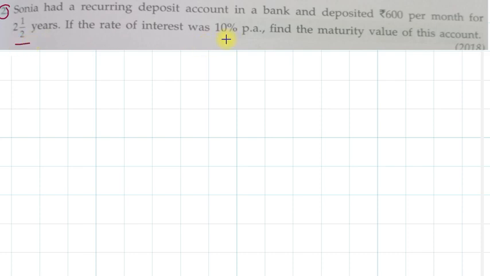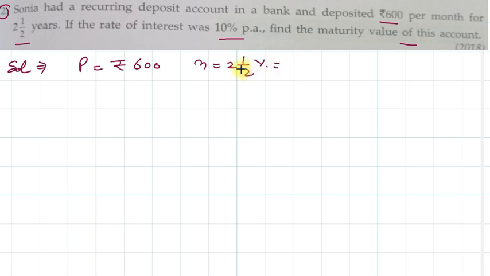If the rate of interest was 10% per annum, find the maturity value of this account. So here students, what is being deposited is rupees 600. So principal is rupees 600, right? N is 2.5 years.